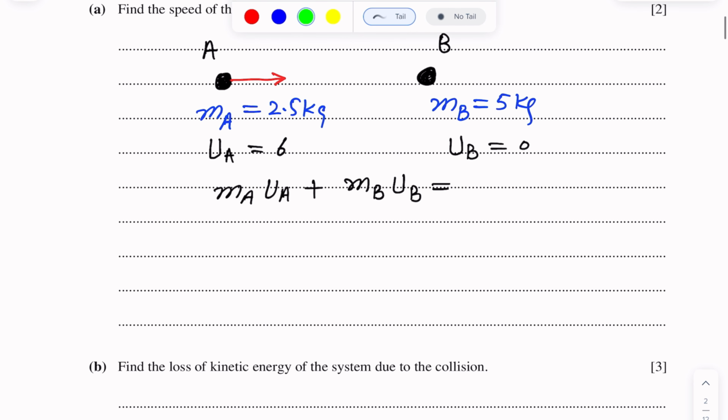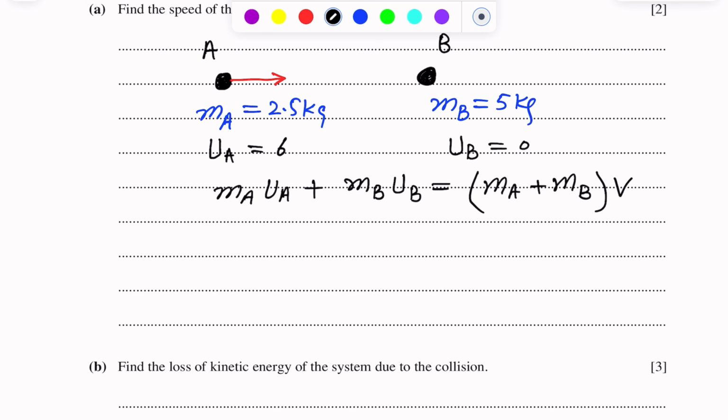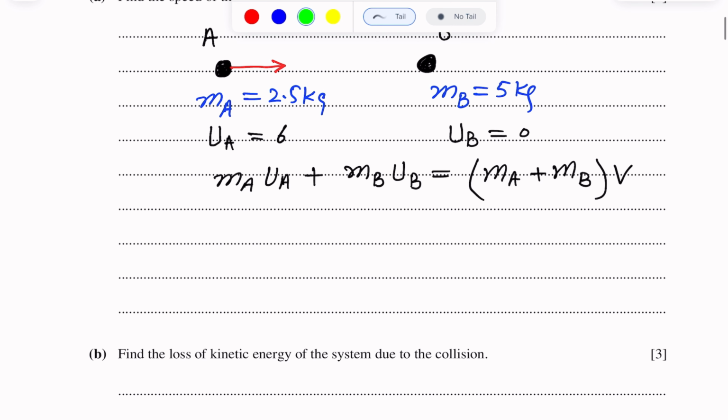So we will add the masses of the two particles A and B here. We get (MA plus MB) into V. This V represents the speed of the combined particle after the collision.